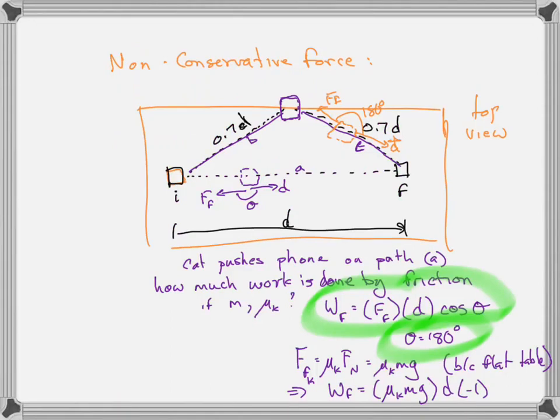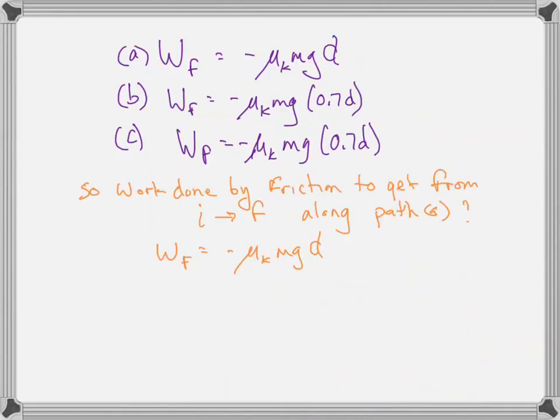If the phone starts here and finishes here, what is the total work done by friction to get from I to F? The work done along path A is minus mu k mg d.